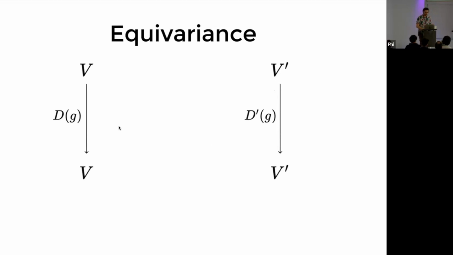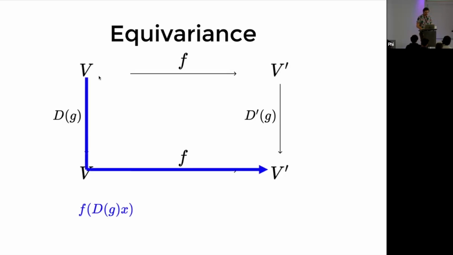And you need representations that act on these vector spaces, which means you need to know how rotation affects vectors in these two vector spaces. Let's call them D and D prime. They can be different. Equivariance is a property of a function that goes from one vector space to the other. And it's the following property.